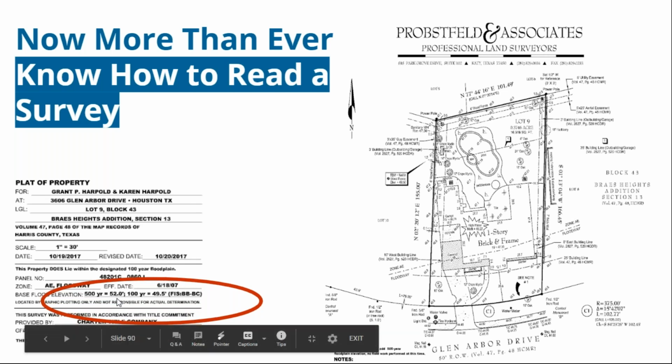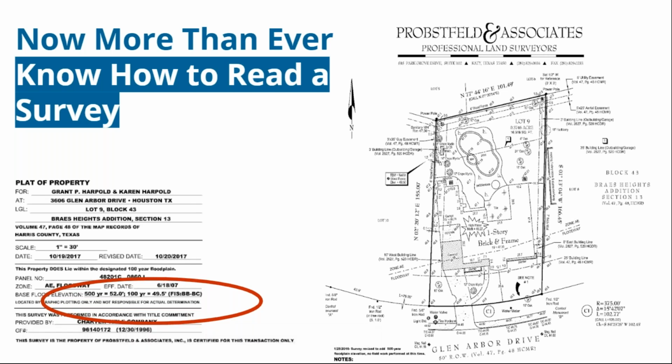Because if you go to do work in the 100-year or 500-year floodplain in the future, you're going to need this number to send to the city of Houston in the permitting office. It's free to get this number today on a survey. There is no surveyor that cannot put the 500-year base flood elevation on every property in Harris County.